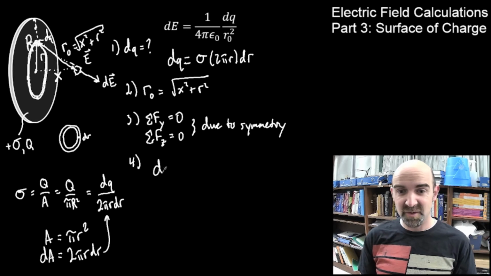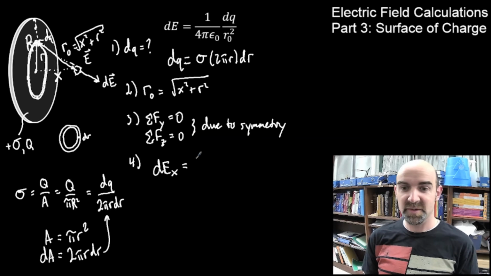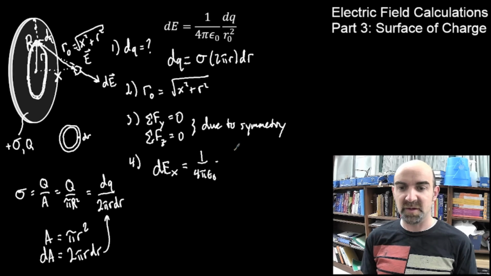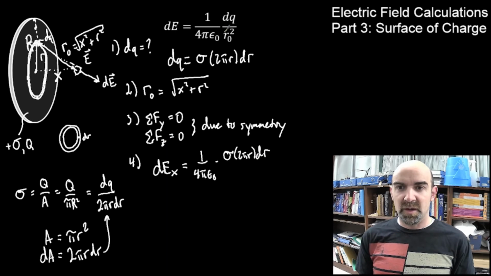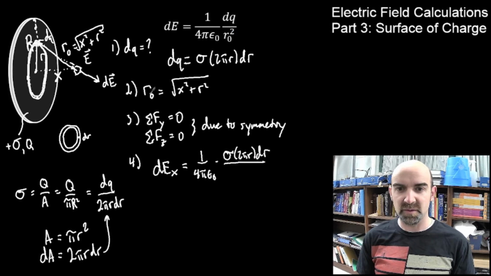Our x component, we're going to have to find the electric field for that. And this is where we're bringing in our friend up top there. 1 over 4 pi epsilon naught times dq, and our dq is listed up there, sigma times 2 pi r dr, divided by r squared, and that would be x squared plus r squared.